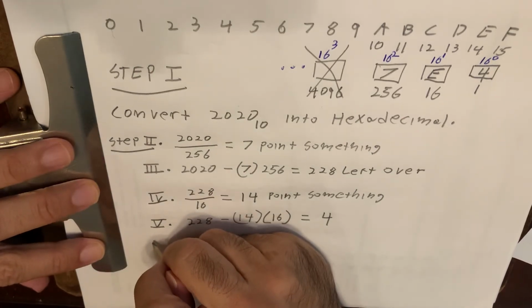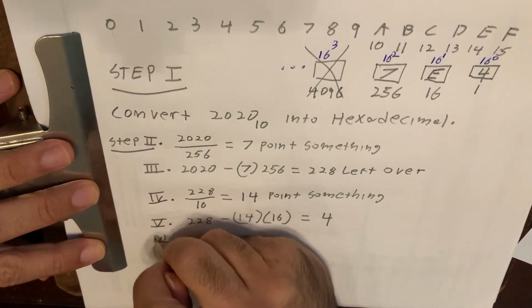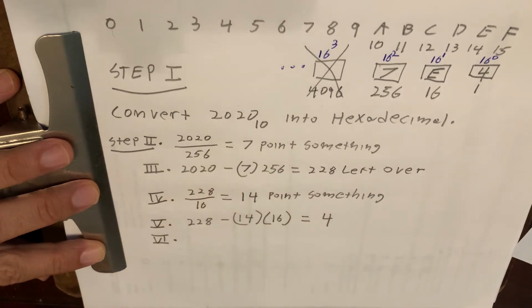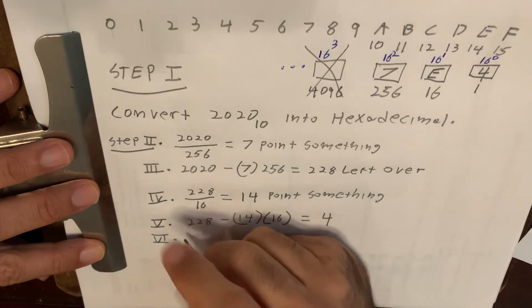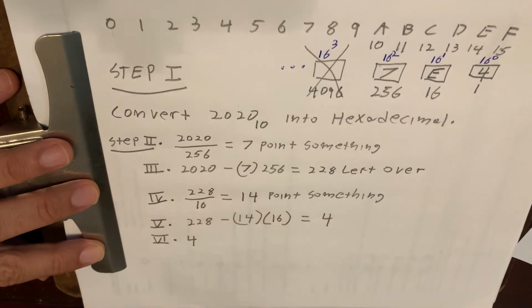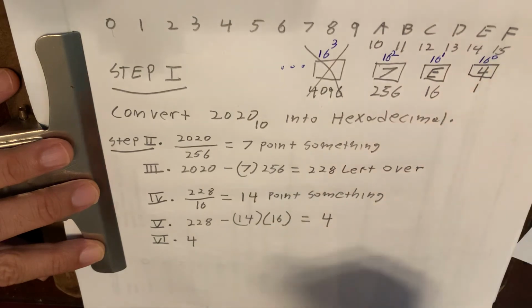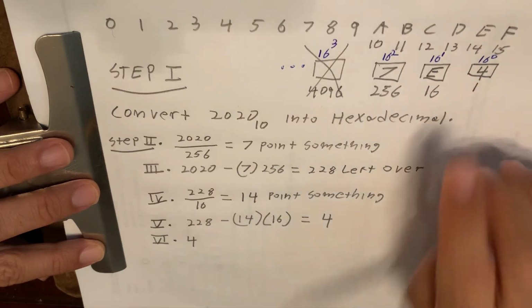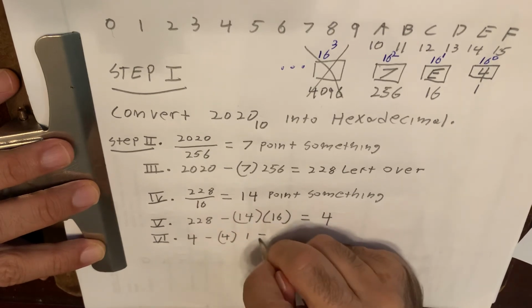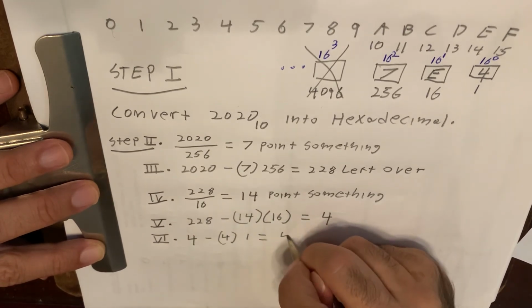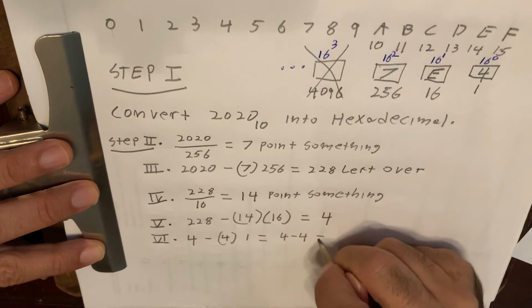And I mean, you don't really need to do this step, but I just want to show you since it's an algorithm, right? We have 4, right? And now we're subtracting the 4 ones, which is 4 minus 4, which is 0.